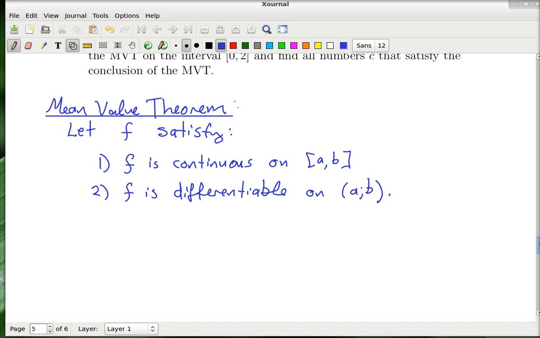And what do these two things mean? Being continuous just means that it's an unbroken line. And being differentiable means that it's smooth. It doesn't have sharp corners like that.